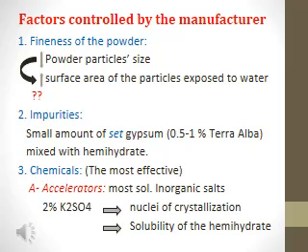Most of the soluble inorganic salts can act as accelerators, but the most commonly used one is the addition of 2% potassium sulfate. This limited amount of potassium sulfate acts in two ways: increasing the nuclei of crystallization and at the same time increasing the solubility of hemihydrate. So the reaction will be accelerated by these two mechanisms.